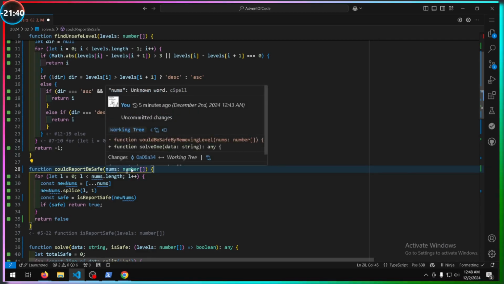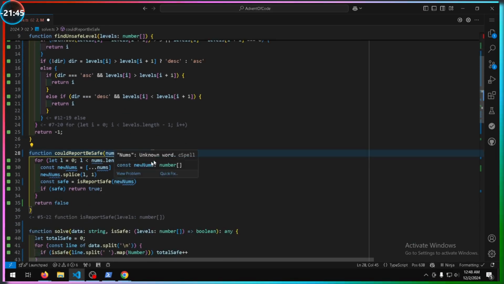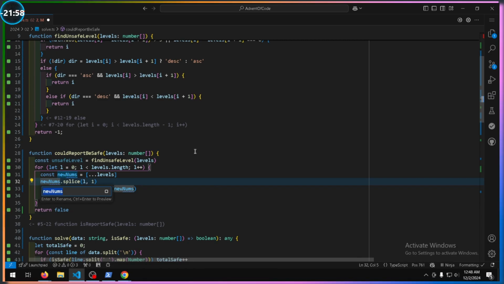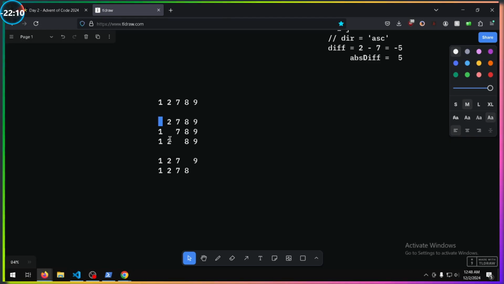Don't know if I'm going to land it, to be honest. So we're getting a little fancy here. Unsafe level equals find. Nope, not find first. Find unsafe level. And these are not nums, these are levels. New levels. Okay, so now we're just going to try to go to I. So we know this one is 0, 1, plus 1 plus 1.